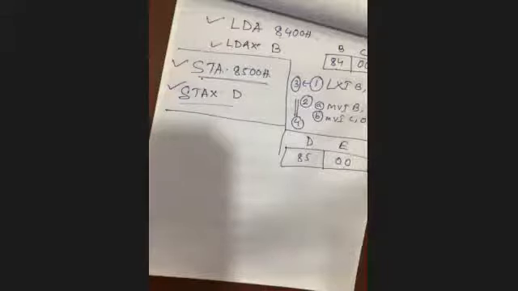Yes, to store the content of the DE register pair, another 3 byte instruction is required, because I have no idea what the location is. The specific memory location is required, so you should store the required location with another 3 bytes. So that will be a total of 4 bytes. So STA 8500 is more preferable.